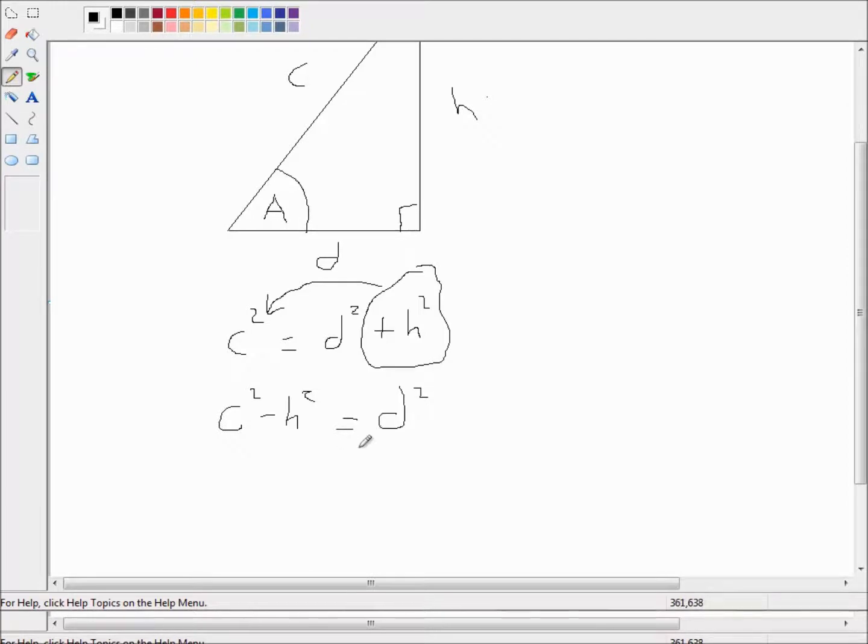And it's the property of equals that if the left hand side is equal to the right hand side, then the right hand side is equal to the left hand side. So therefore d squared is equal to c squared minus h squared. And that's all we're saying.